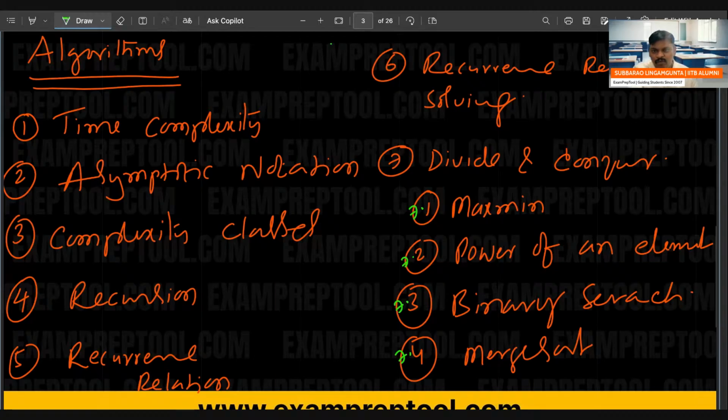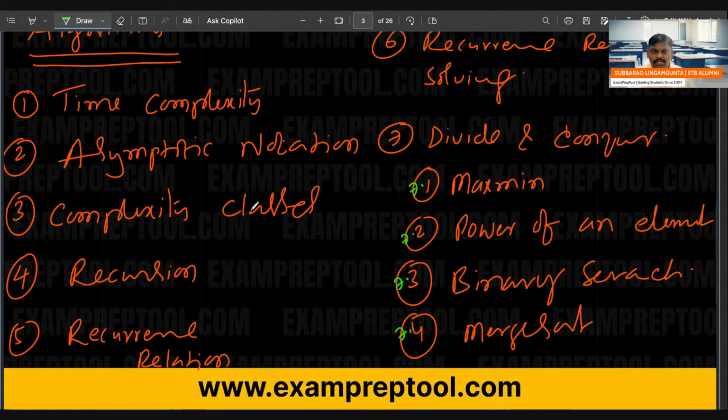If you want to be a DSA expert, this course is very much preferable. Within 4 to 6 months, you will be an expert. If you complete 30 assignments nicely, you are going to get the internship certificate also. I think this is the syllabus.